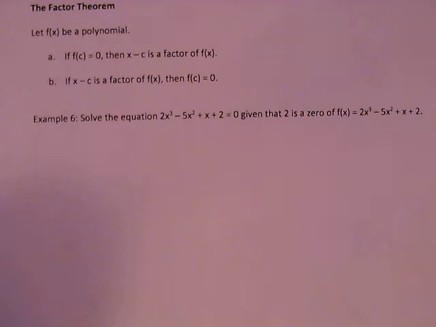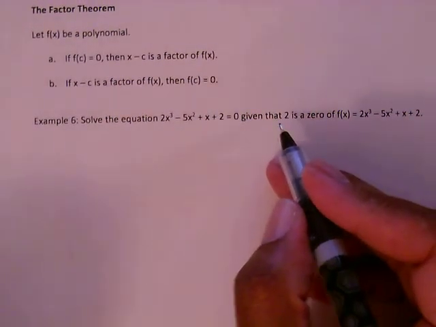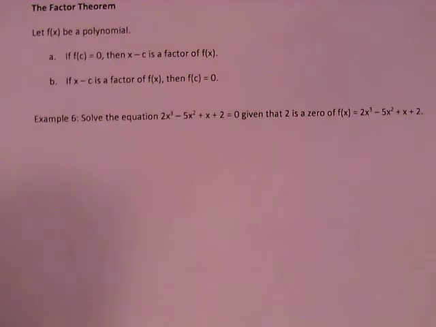Here we're going to solve the equation 2x cubed minus 5x squared plus x plus 2 equal to 0, given that 2 is a 0 of that function f of x equal to 2x cubed minus 5x squared plus x plus 2.